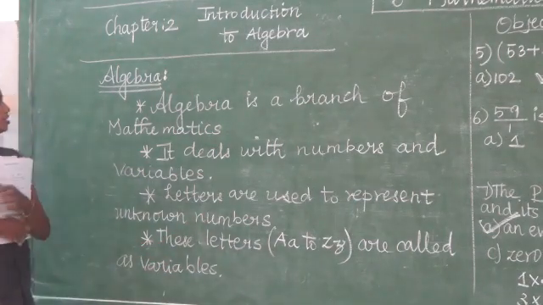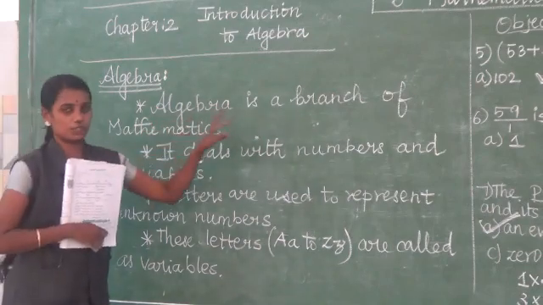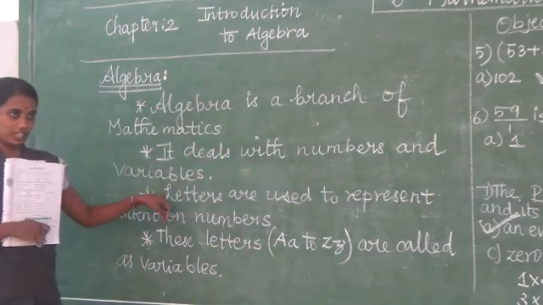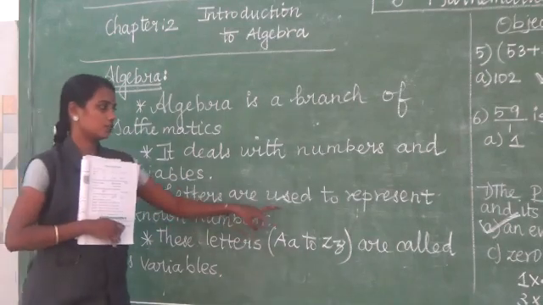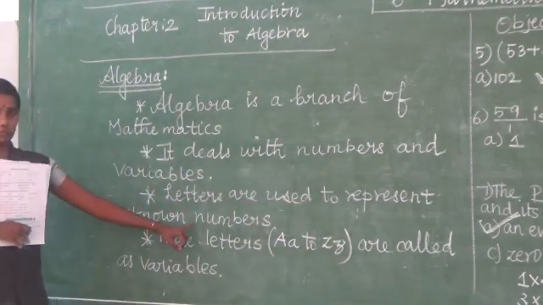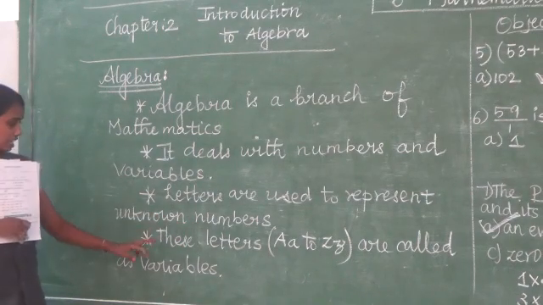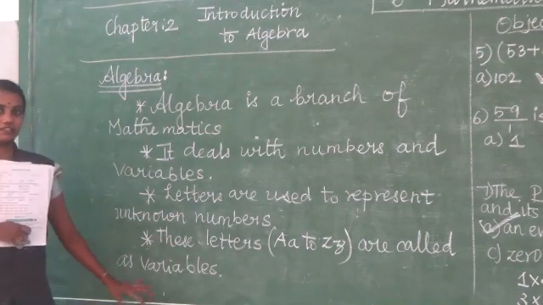Listen to me. First point: algebra is a branch of mathematics. It deals with numbers and variables. Letters are used to represent unknown numbers. These letters are called variables.